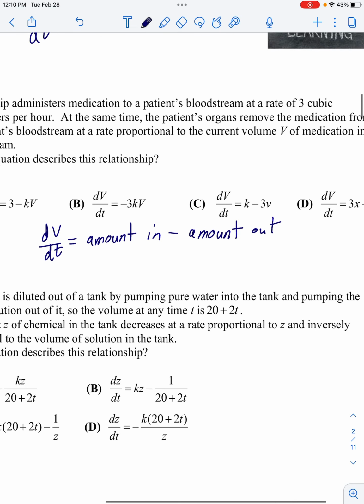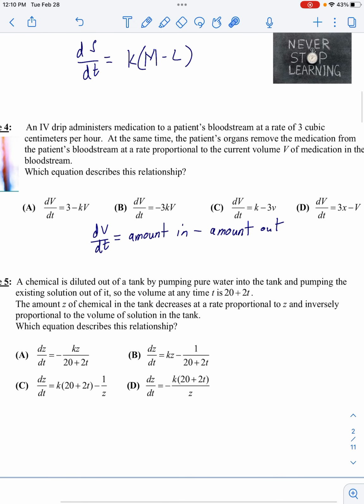V is the amount of medicine in the patient's blood, so the derivative of that is how the amount of medicine in the patient's blood is changing over time. That's going to be equal to the amount in minus the amount out, okay?